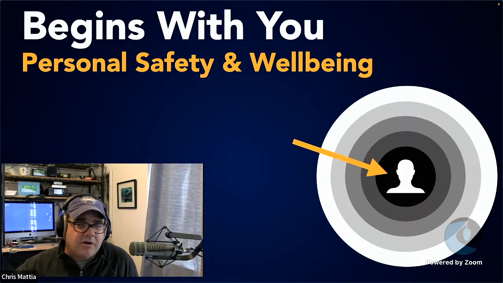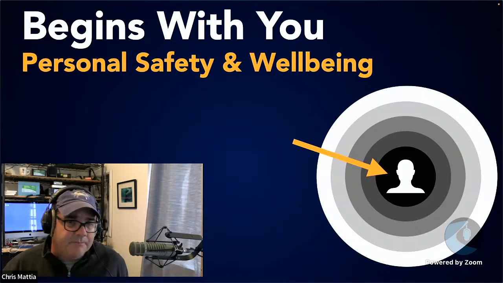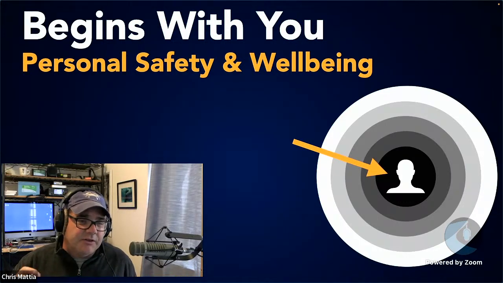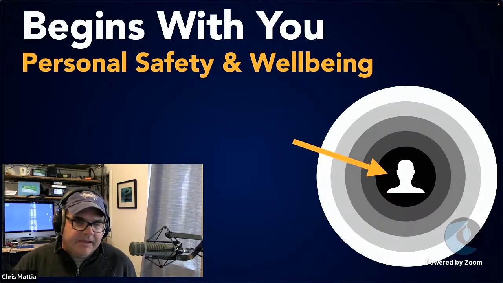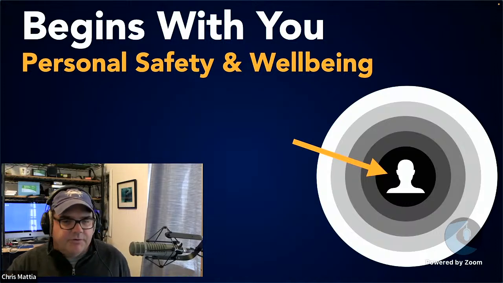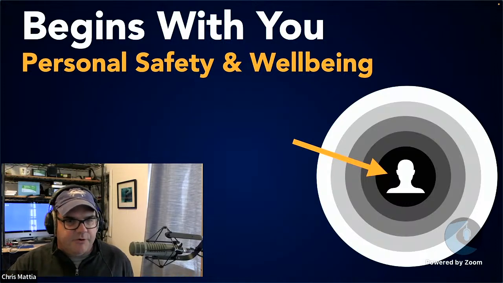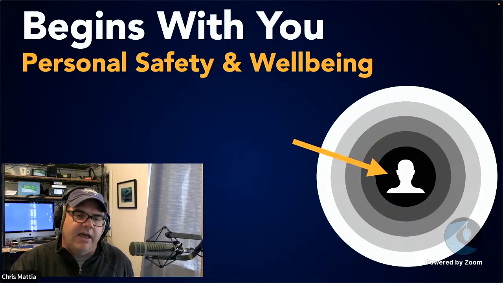No matter where you fall in that list, this always begins with you and your own personal safety and well-being. If you are not safe, if you are not able to provide any support for yourself, if you are a victim, there is no way that you can help others in that situation.